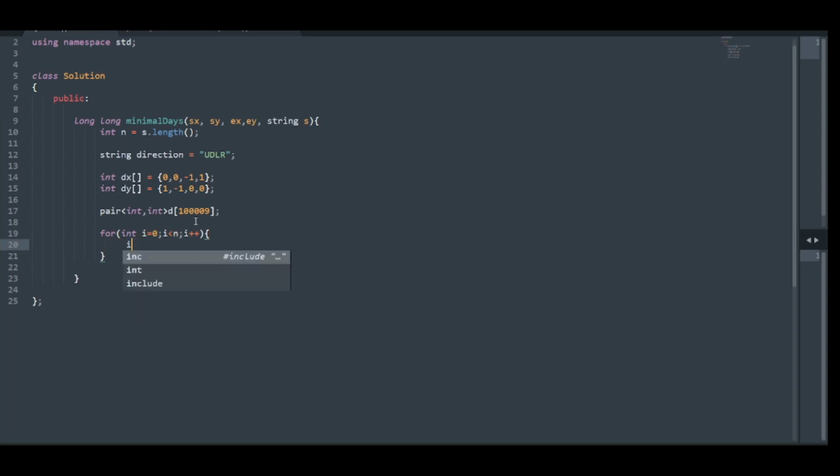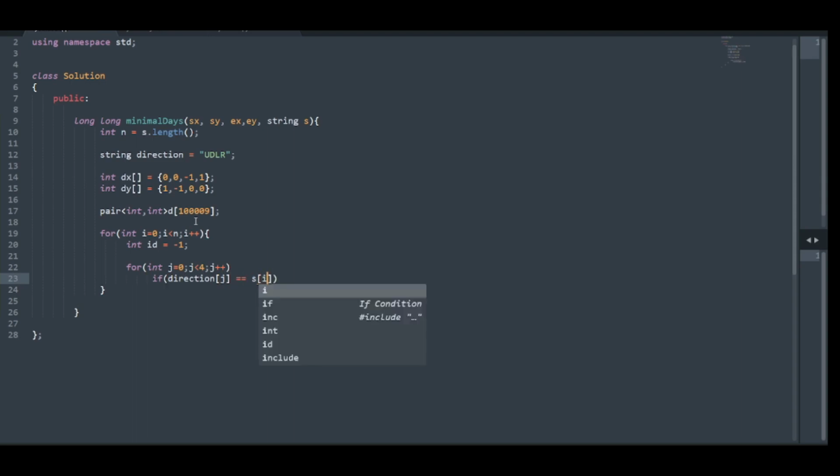Now let's take an id variable, initialize to -1, iterate over the direction string, and if the direction at the ith position matches with the direction at the jth position, then that is going to store the id. So if the id is -1, we break out of this loop.